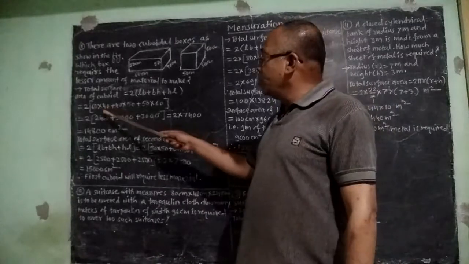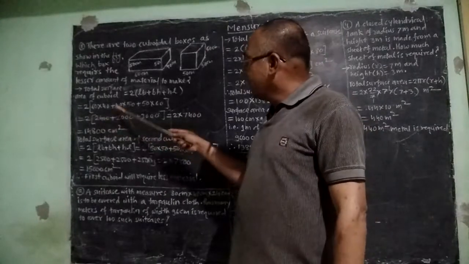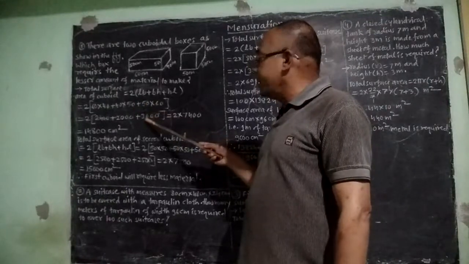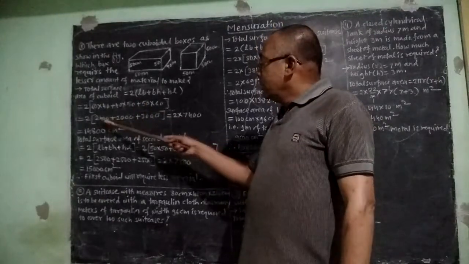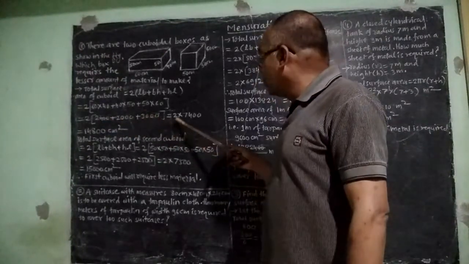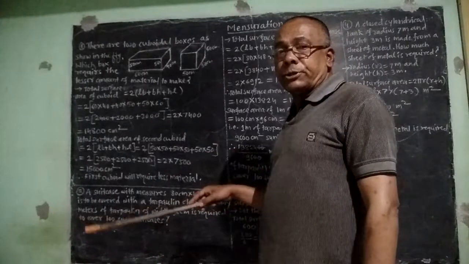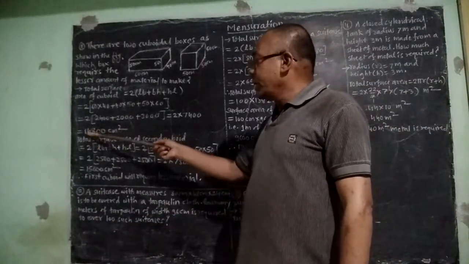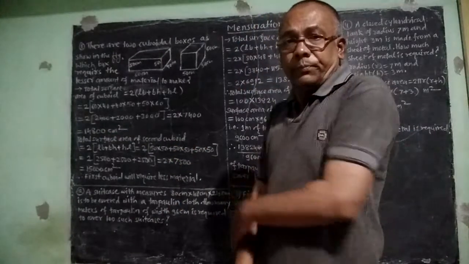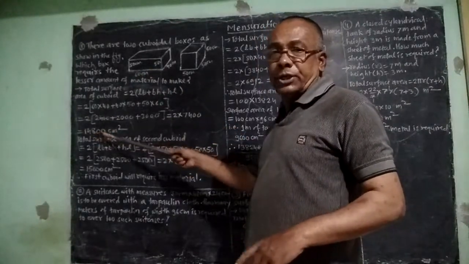Here 60 into 40 is 2400 plus 40 into 50 is 2000 plus 50 into 60 is 3000. So the sum of 2400 plus 2000 plus 3000 is equal to 7400, and we have to multiply it by 2. After multiplication by 2, we will get the product 14,800 centimeter square.